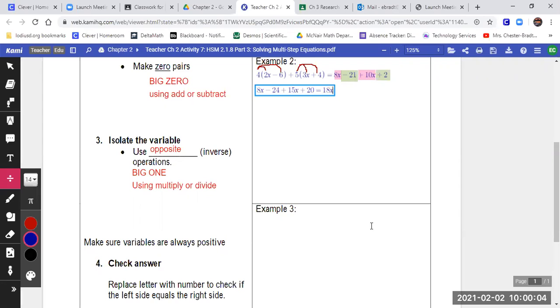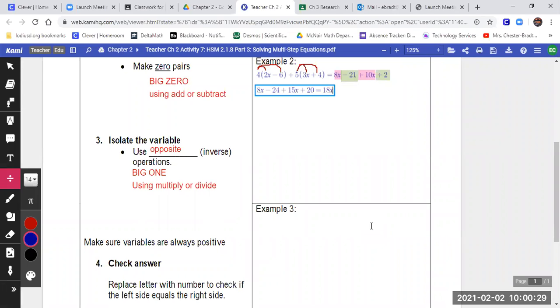I have a negative 21 and a positive 2. Those are not the same signs. So what am I supposed to do math operation wise? And how do I know what the final answer is going to look like? When they're not the same sign, what math operation do we do?